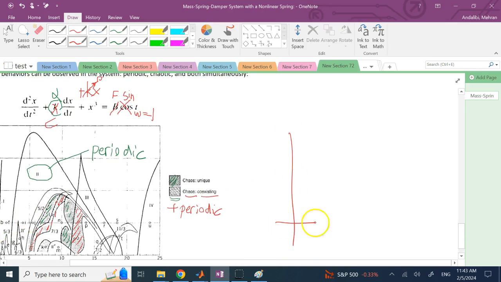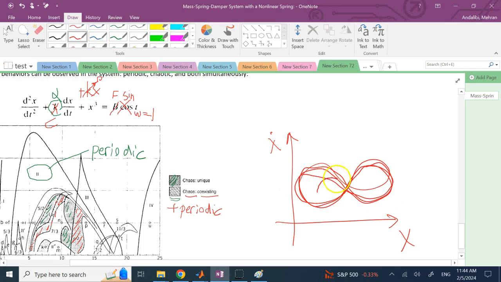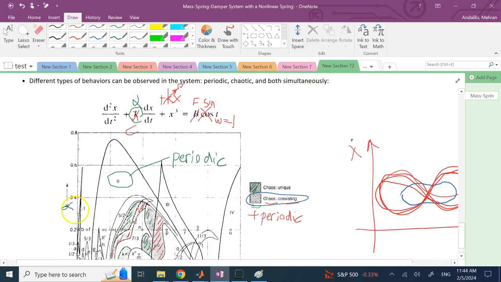If you look at the state space of the system, you basically see this kind of behavior like this, which is not going to settle, right? But in the middle of that, you're going to also see, let me use a different color, a closed curve like this. So it's a combination of chaos and periodic. You call it coexisting behavior. That is one of the weirdest things you can see in this nonlinear system.